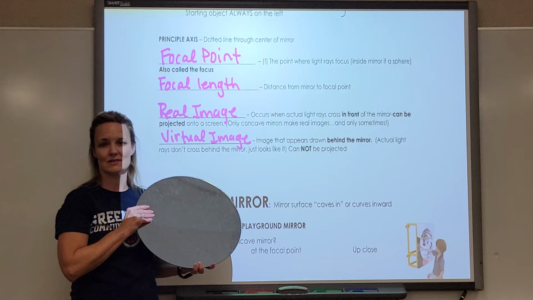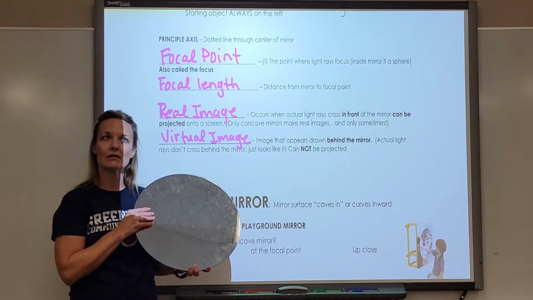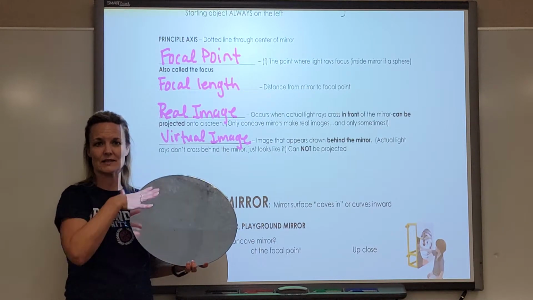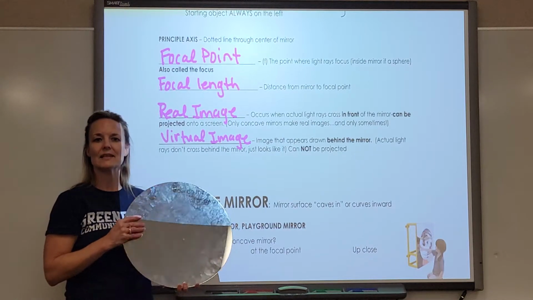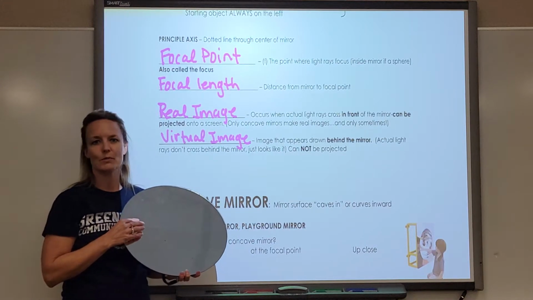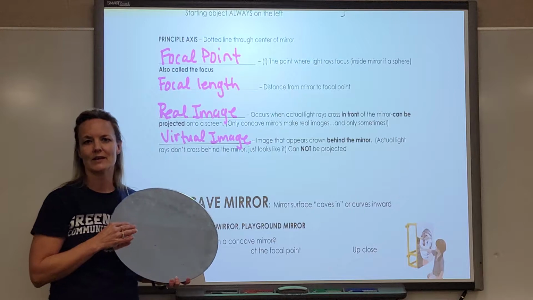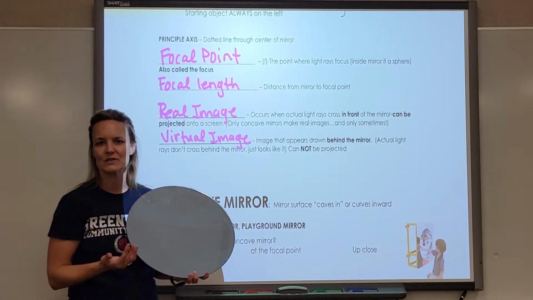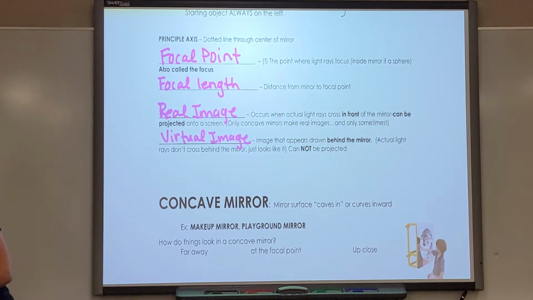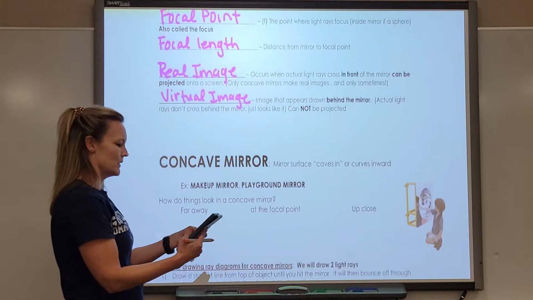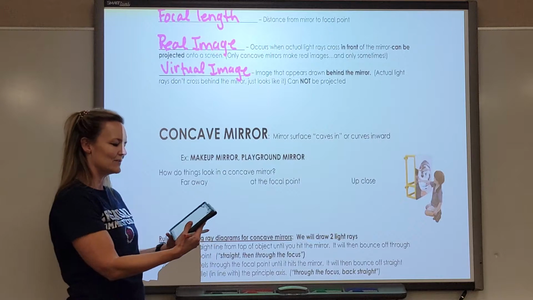I can project them to the ceiling. So a real image is going to be one that can be projected someplace else. It makes light go like that. A virtual image will not be able to do that, and it'll end up looking like it's drawn behind the mirror when we start doing our diagrams. Okay? Alright, a concave mirror. This is when the mirror surface caves inward.